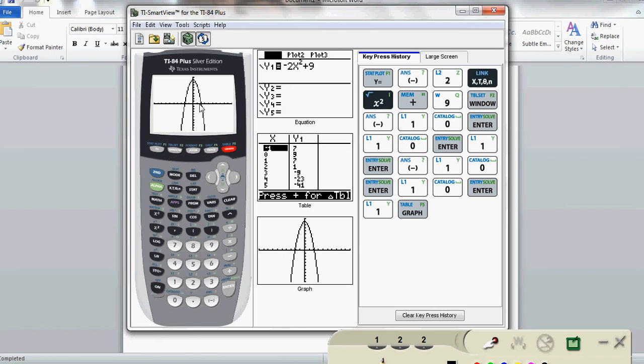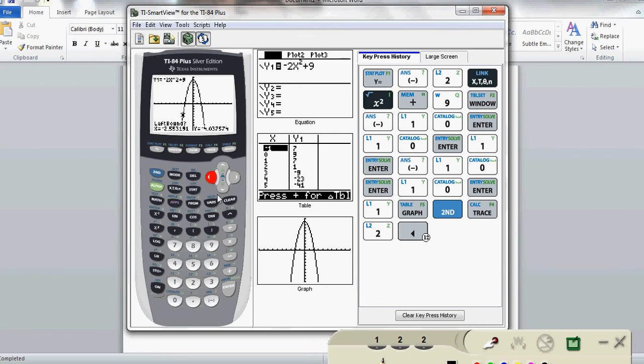This one right here and this here are called zeros. So in order to calculate that, what we're going to do is find second and then calculate, which is this button right here. Now if you look, we are trying to find a 0, and so that's option number 2. Now it asks for what is the left bound. So I'm looking for this 0 right here, which says I need to move my cursor so that it's to the left of that particular spot.